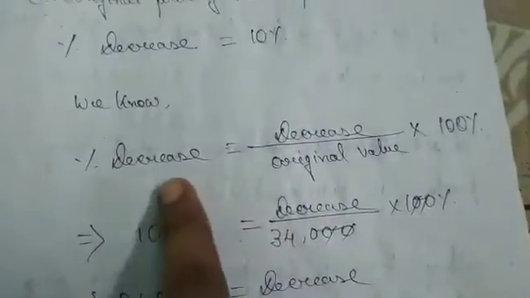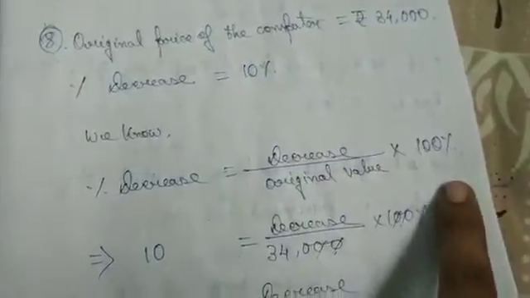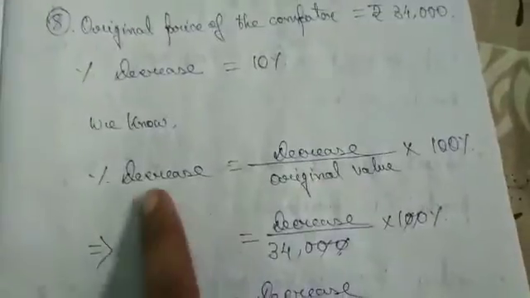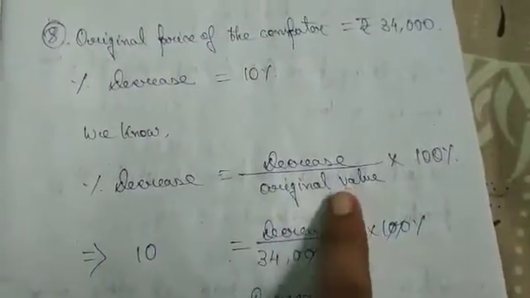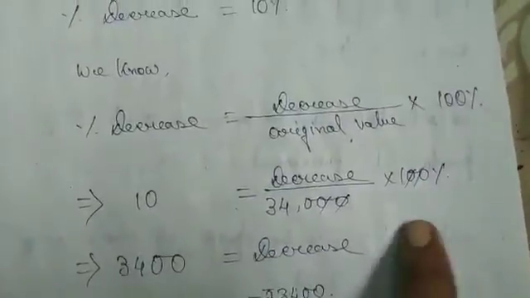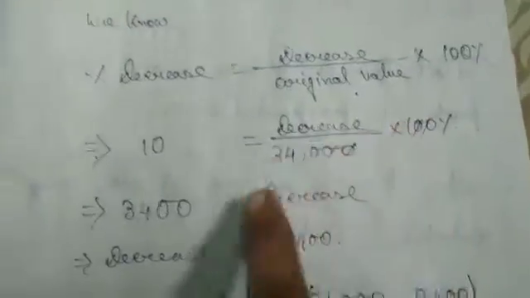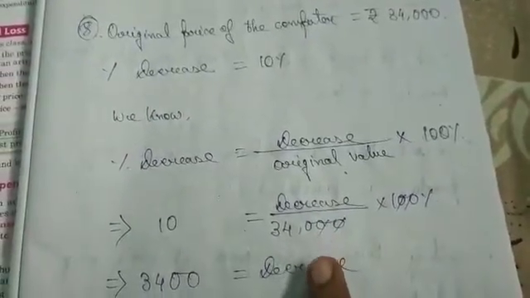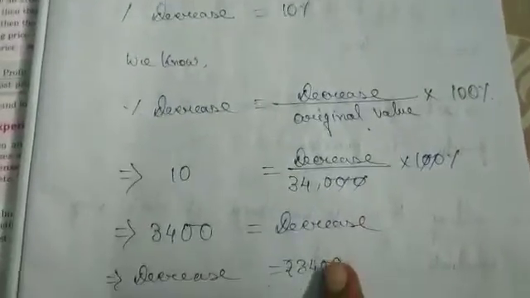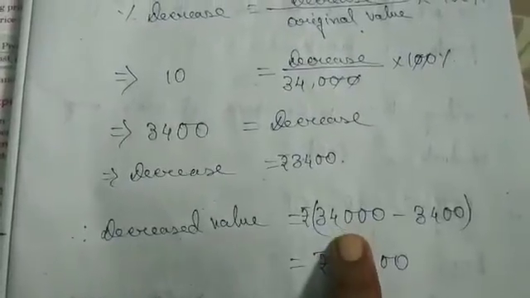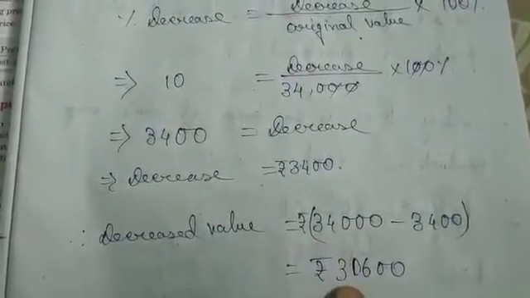We know the formula: percentage decrease is equal to decrease by original value into 100%. The decrease percent is given as 10, the decrease we don't know, and the original value is given as 34,000 into 100. After cross multiplication, we have the value as 3400. Now we subtract 3400 from the original value to find the decreased value, which is 30,600.